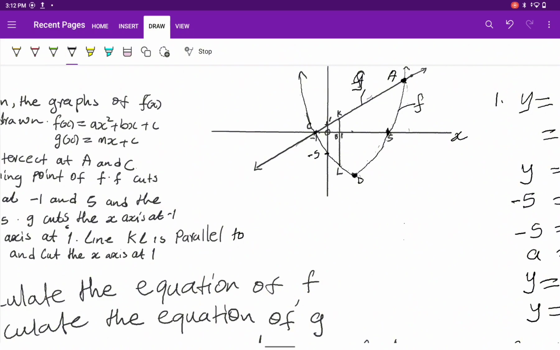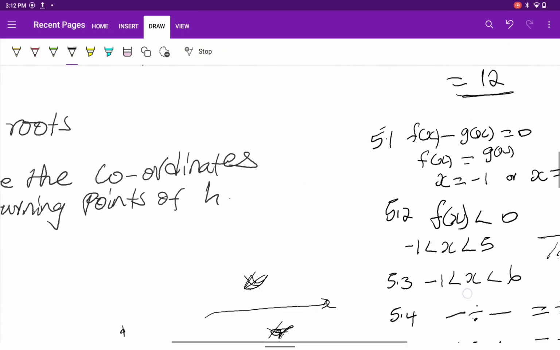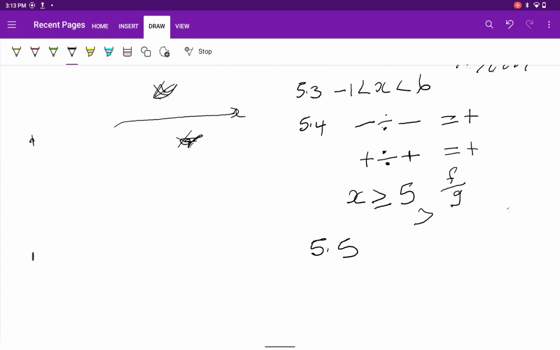So that's how we can write our answer for 5.5. We can either write it as x is less than 5, but when we write that, we need to include that x is not negative 1.